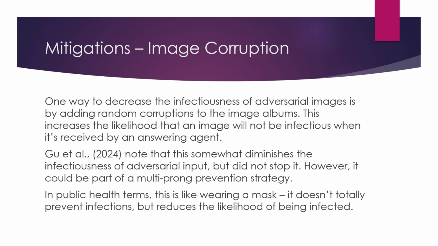And in the experimental results, this somewhat diminishes the infectiousness of the input. It didn't stop it entirely, but it could be part of a multi-pronged strategy. In public health terms, this is like wearing a mask. It doesn't totally prevent infections, but it reduces the likelihood of being infected.